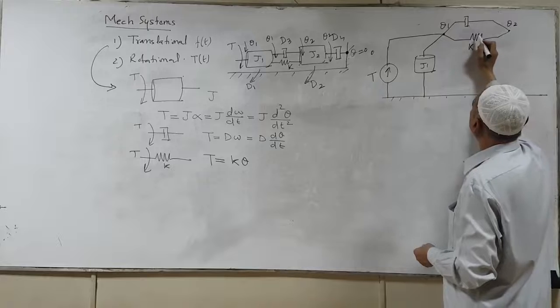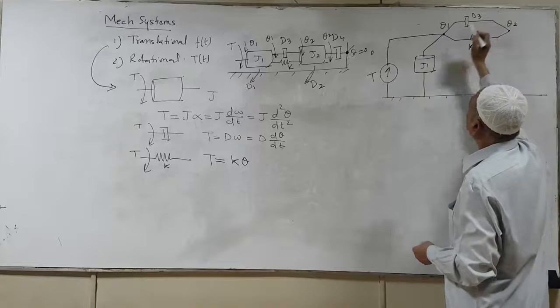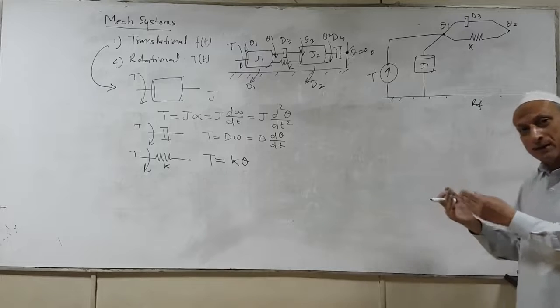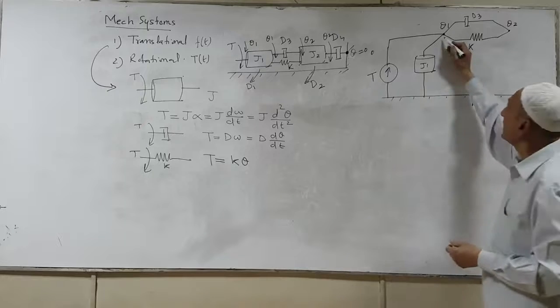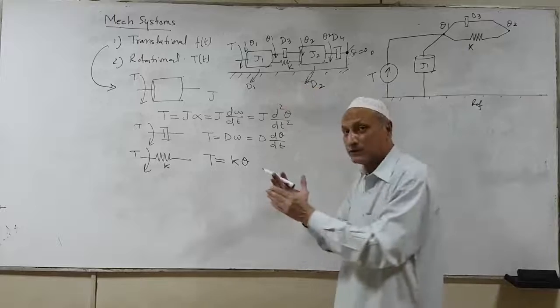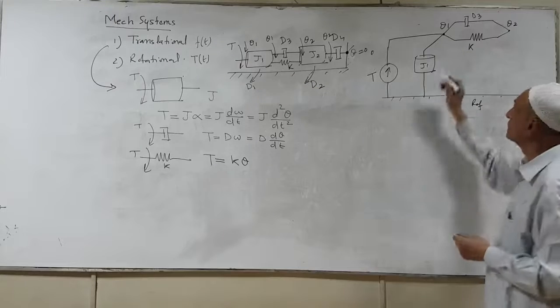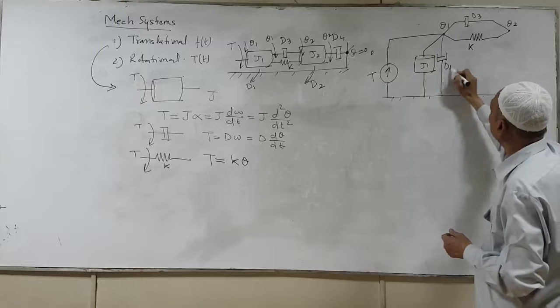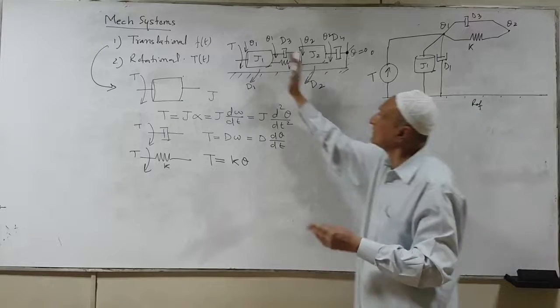This is K and this is D3. Now, again there is a rolling friction with J1, so that must be parallel to J1, in other words. This one is a rolling friction which is D1. So this completes this side diagram.